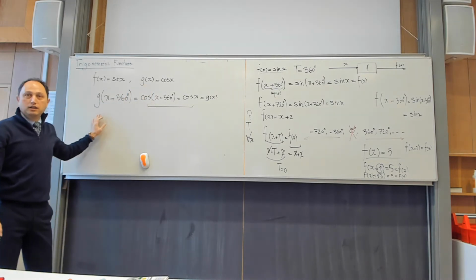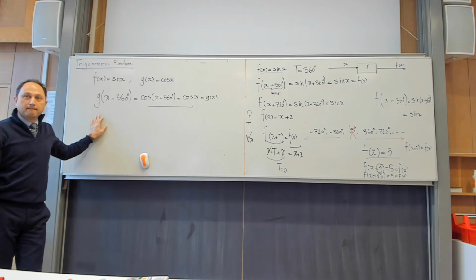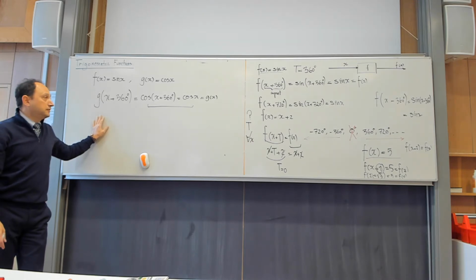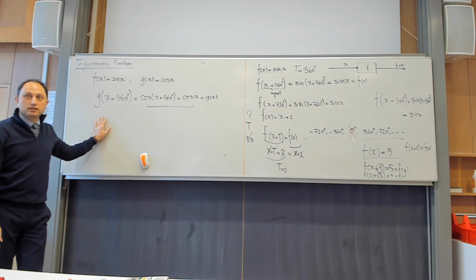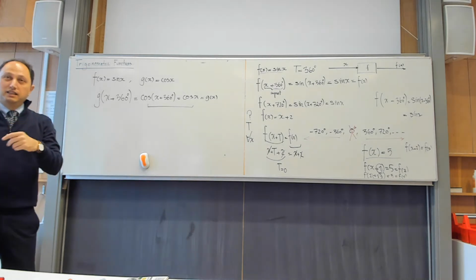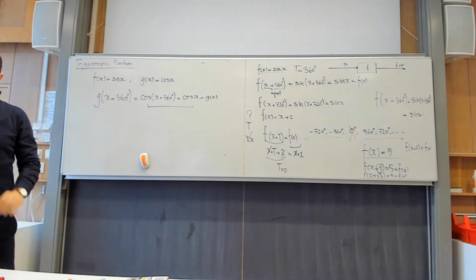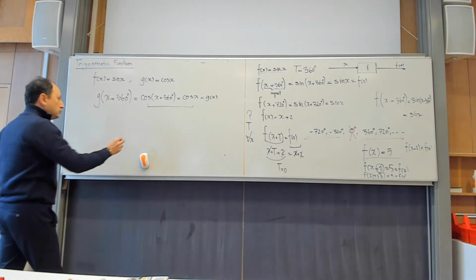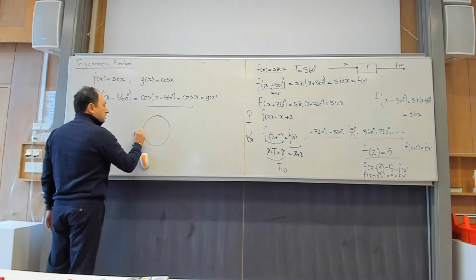What is the period of cosine? 360 again. It's clear, but this is not very clear. You need to convince yourself why I cannot find a smaller one. You can just go to your intuition in trigonometry.